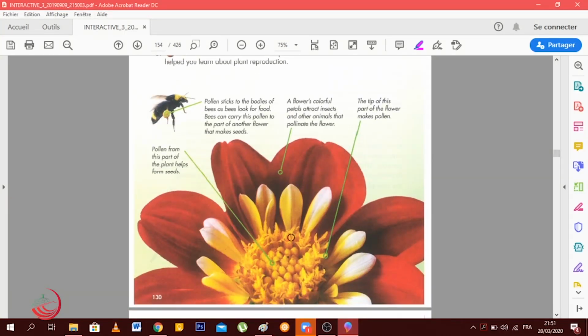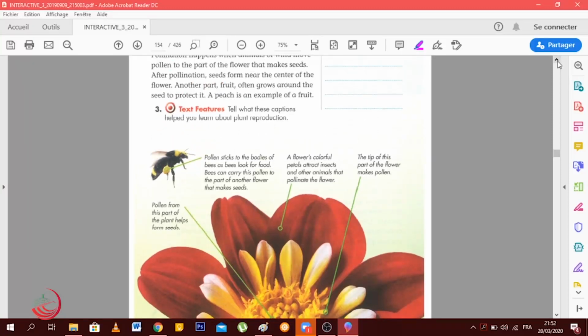So the flower produces pollen, and the animals or bees are attracted by the petals, so they come to the flower and they're sniffing the beautiful smells, and they're enjoying the colors, and when they go away, they carry the pollen, the powder, from inside the flower.